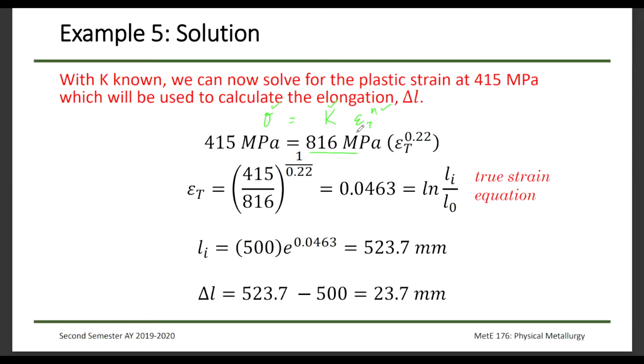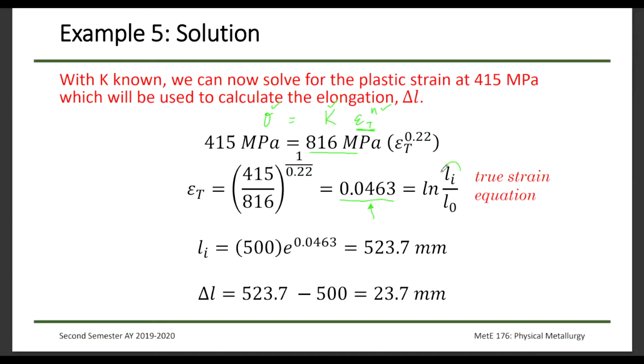N is known. Pwede natin mahanap si epsilon T. So if you do the math, then we end up with 0.0463. But take note, this is still true strain, no? This is true strain.